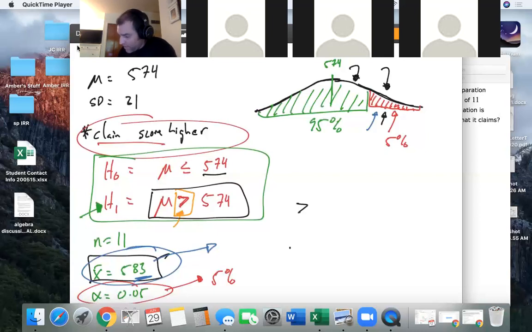If it's a greater than or a less than sign, these are one-tailed tests. And if it's not equals, that's your two-tailed test. Would equal to also be two-tailed? So you'll never see an equal to in the alternative hypothesis. You should only ever see one of these three.